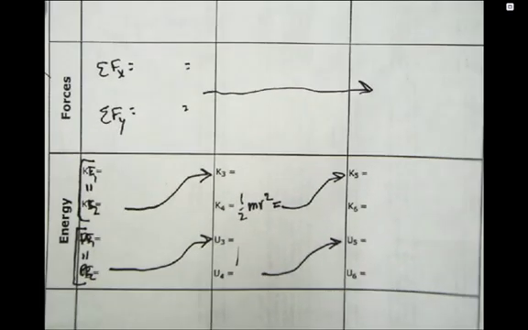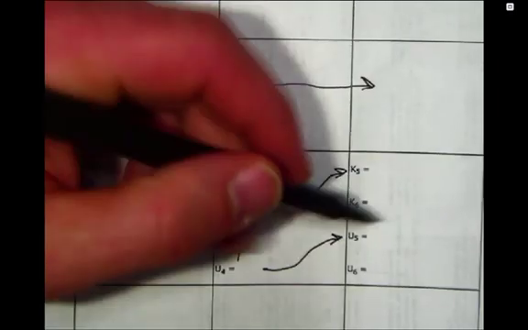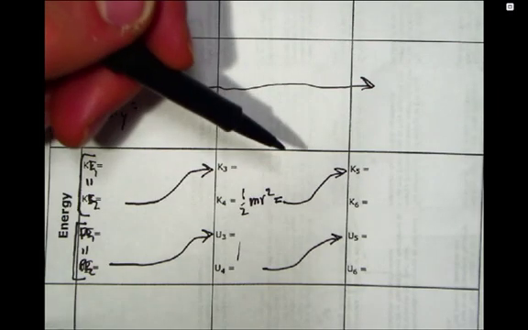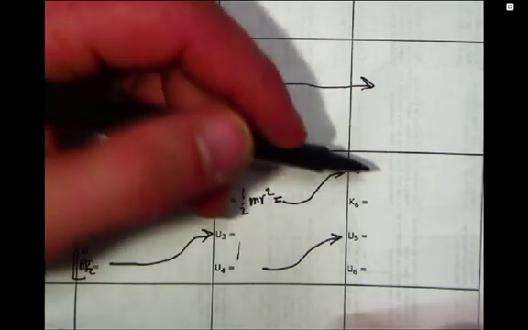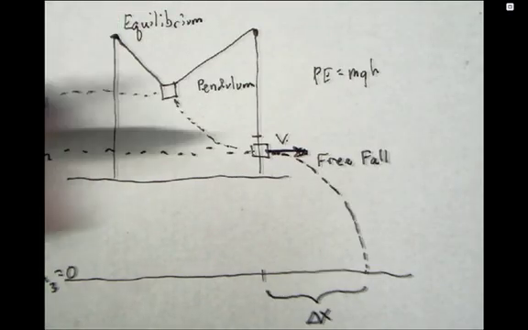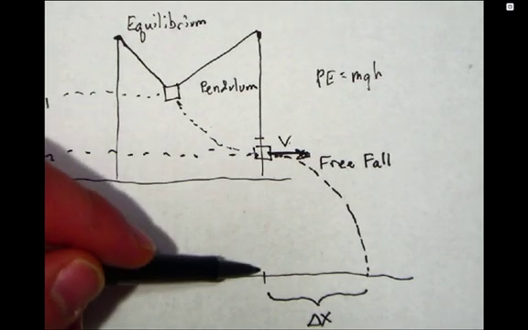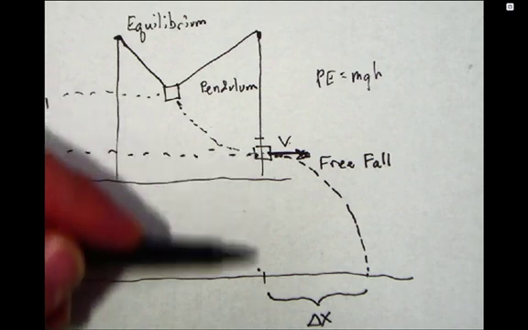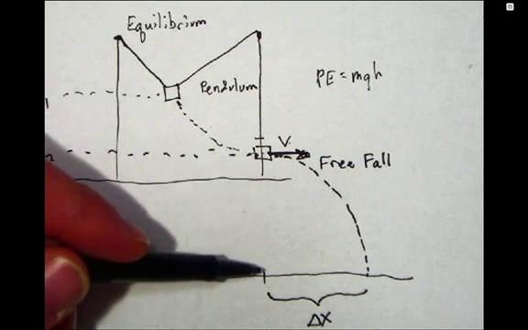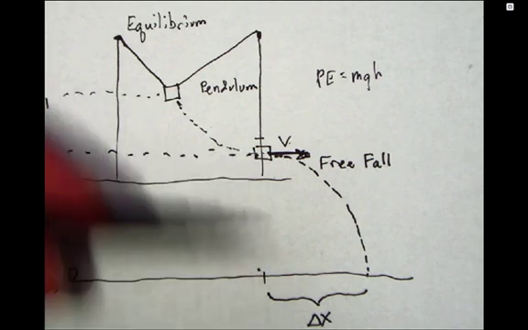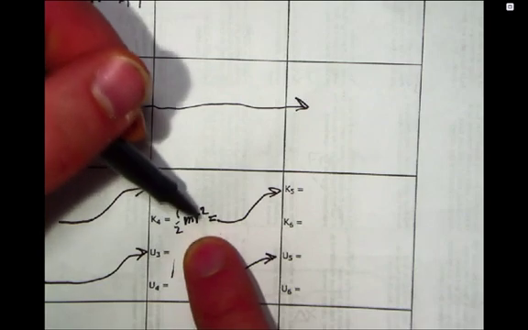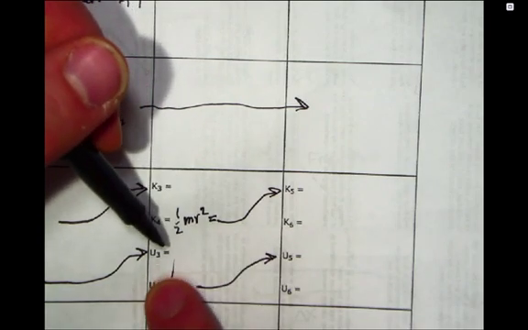The last thing I would mention is when you move into the free fall phase, the same thing is going to happen. You're going to go from mgh2 down to 0. So you're going to lose mgh2 joules of potential energy, and you're going to gain that much kinetic energy. So right here on the chart, you've got 1/2 mv squared equals the change in potential energy here.